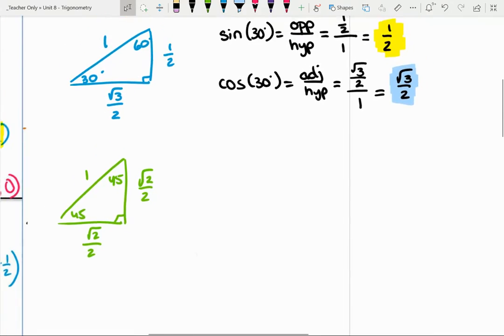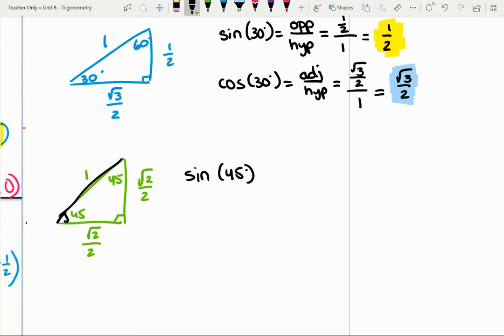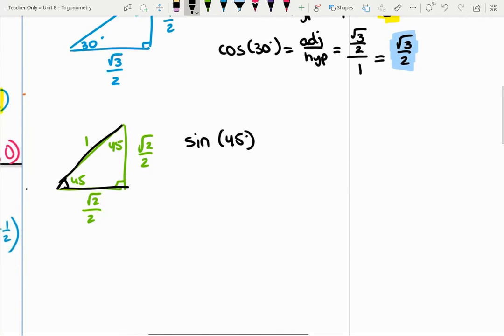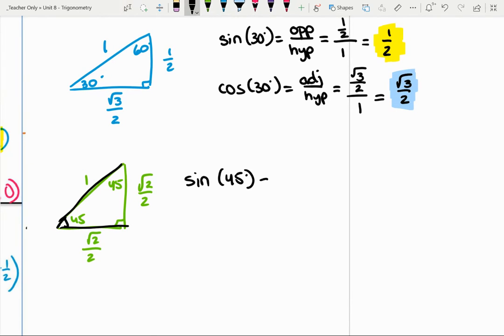So again, I'm going to calculate the sine of 45, and in this case, I'm looking at this angle down here, since that's the interior angle right off the center of the circle. So my opposite is root 2 over 2. My hypotenuse is 1, which simplifies to root 2 over 2.